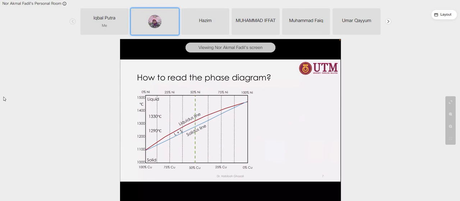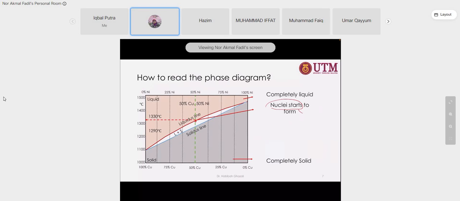So let's say you want to analyze the alloy containing 50% nickel and 50% copper. At the bottom region it is completely solid. So let's say this is your alloy. You prepare the alloy, it is liquid. The temperature above this point is liquid. So at what temperature does the nucleus start to form?